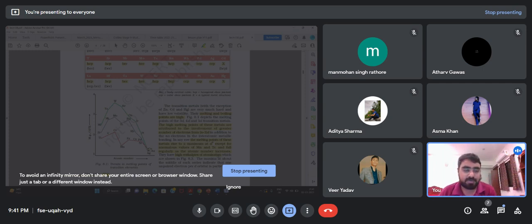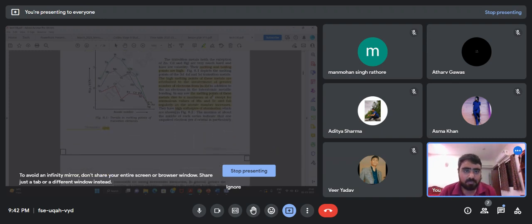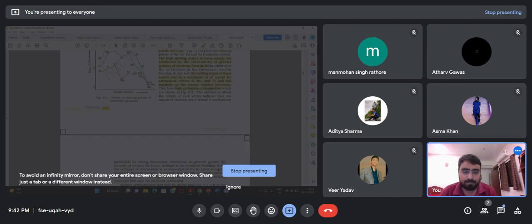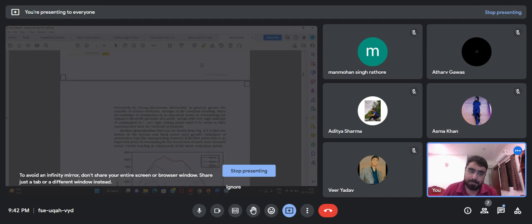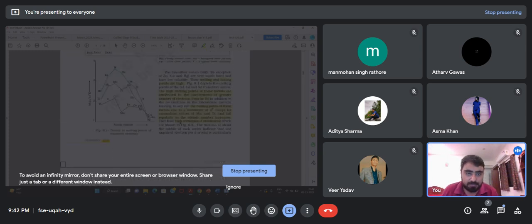So that energy is required to break the bond between two metal atoms. The more the covalent bonding, the more energy will be required, hence the enthalpy would be more. Whatever the trend is for melting and boiling point is the same for this enthalpy. So underline whatever I have underlined over here.